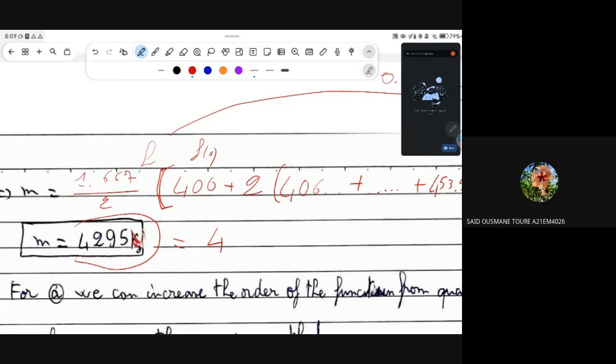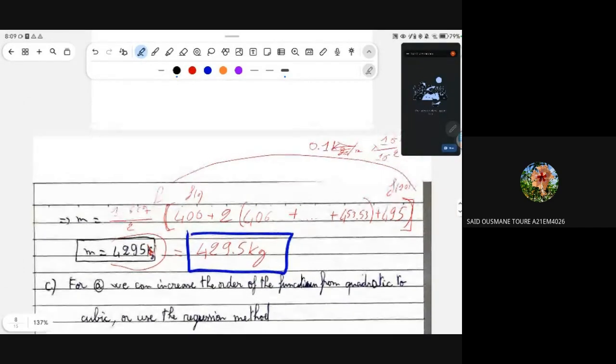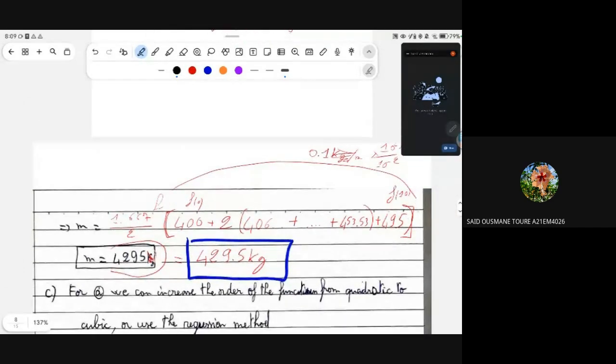So it will be 9.5 kilogram. Actually, yeah, thanks for bringing this to attention. Is it clear for everybody how I calculated the final unit? Whatever value you get, you need to multiply by 0.1 because of the conversion.